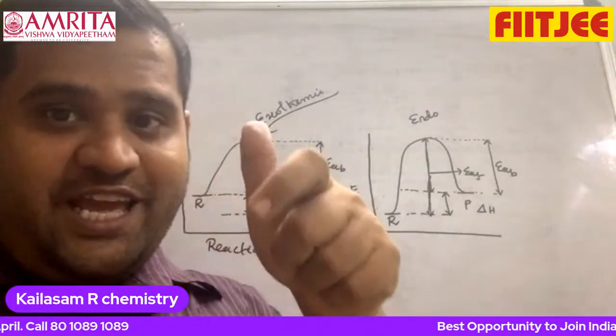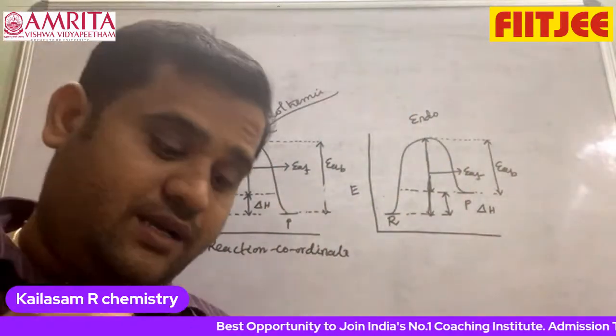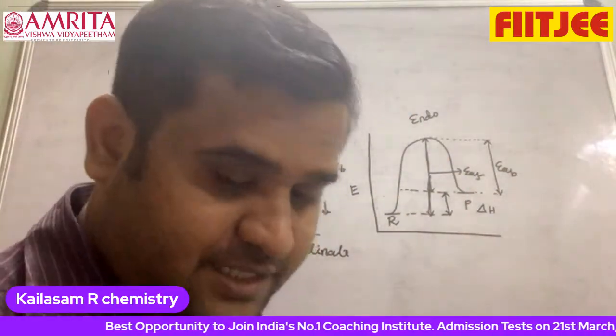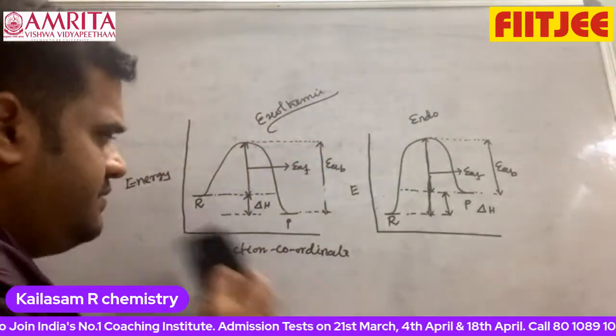So what Arrhenius says, for any reaction, this is the general idea. Look at this, he has taken the fraction of molecules, which we have already discussed in the gaseous state.